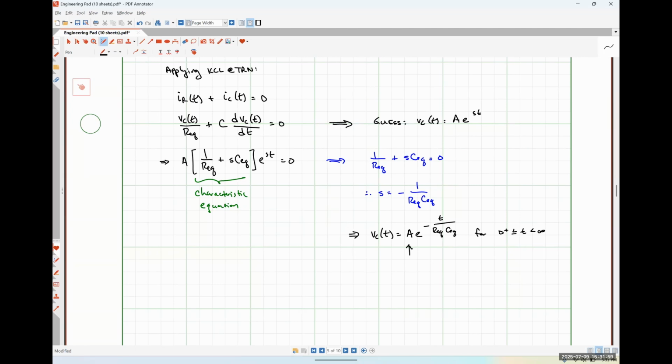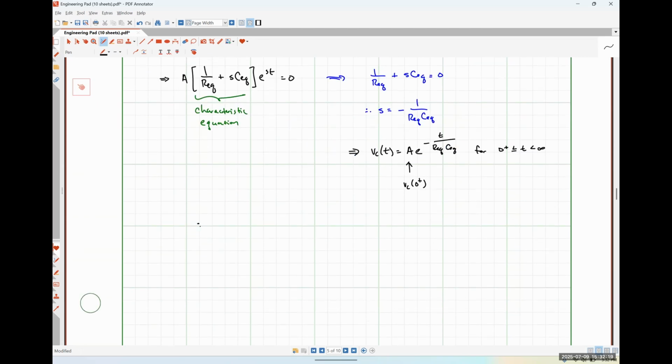And A is going to wind up looking like VC at 0 minus or VC at 0 plus, just for the exact same reasons that it was IL at 0 minus or IL at 0 plus for our inductor system.